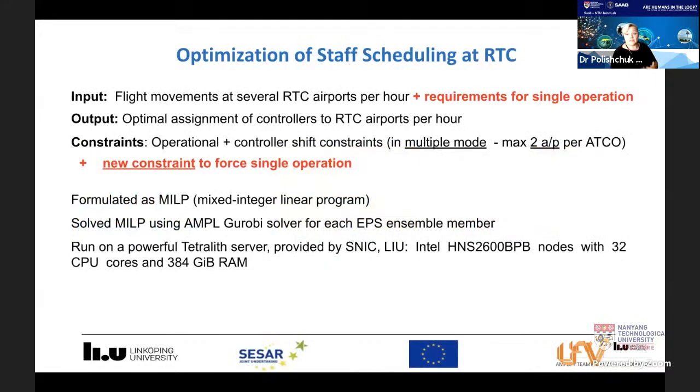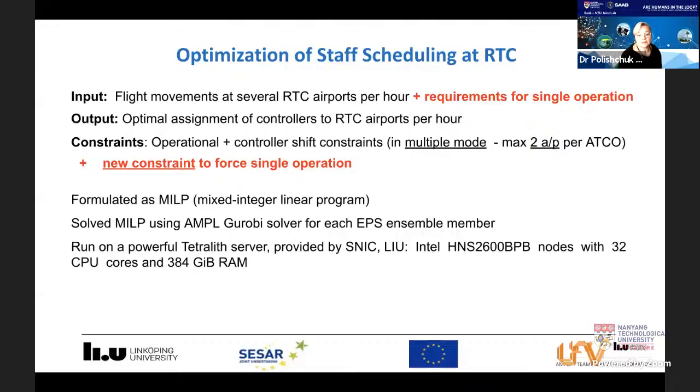So having these results in hand, we enforce an additional condition to our previous framework, which we developed for controller assignment. We add a constraint for the requirement of a single operation. The intuition, the idea, is very simple.